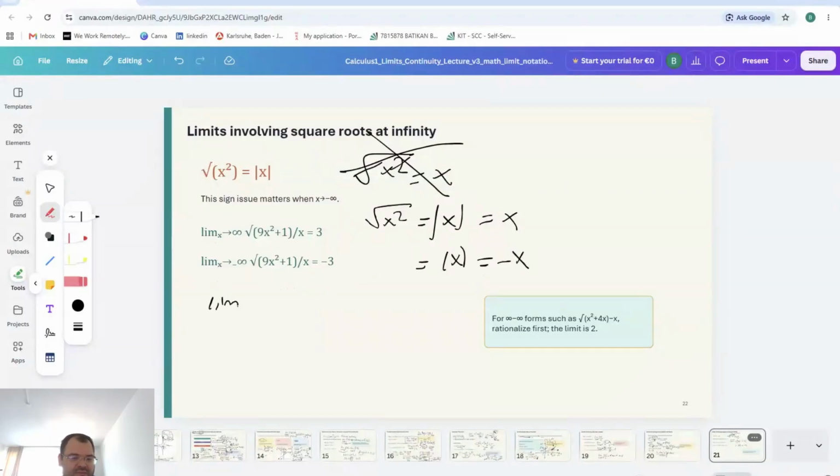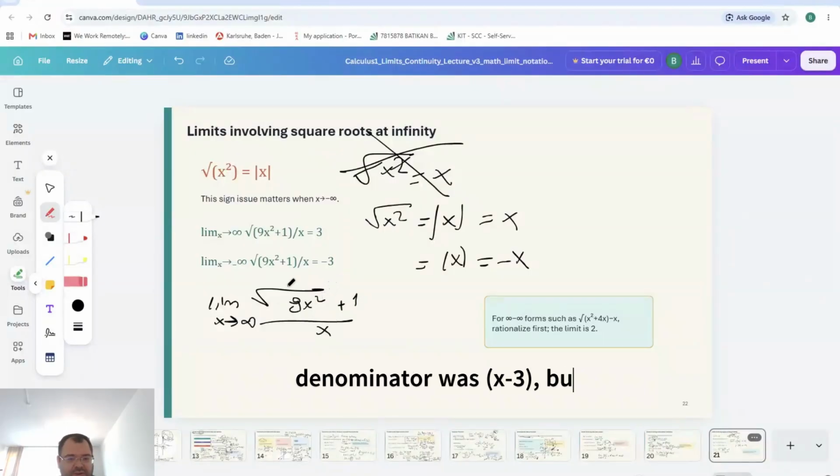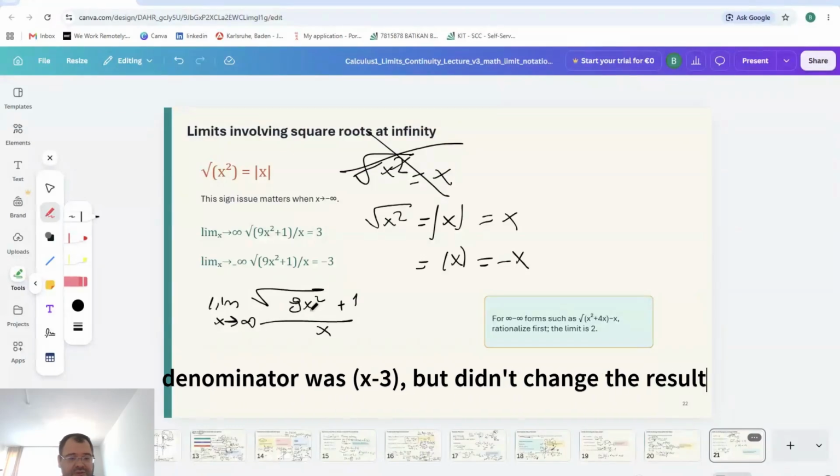We have an example here: when x goes to infinity, the square root of 9x square plus 1 divided by x. The square root of 9x square can be rewritten as 3 absolute value of x plus 1, divided by x.